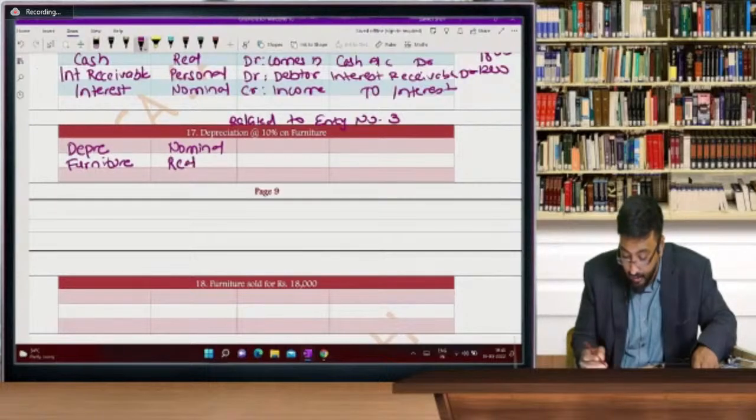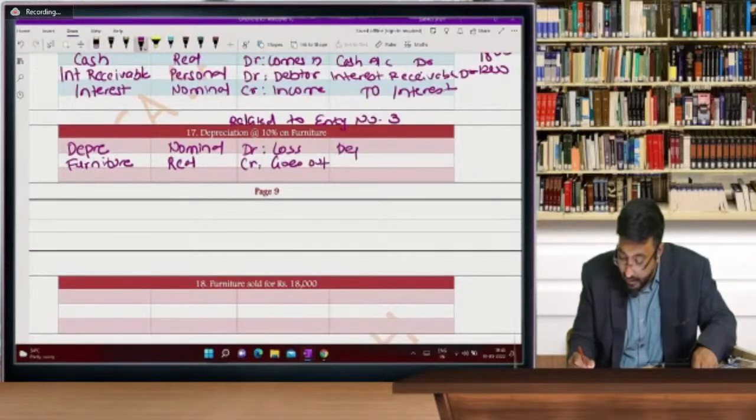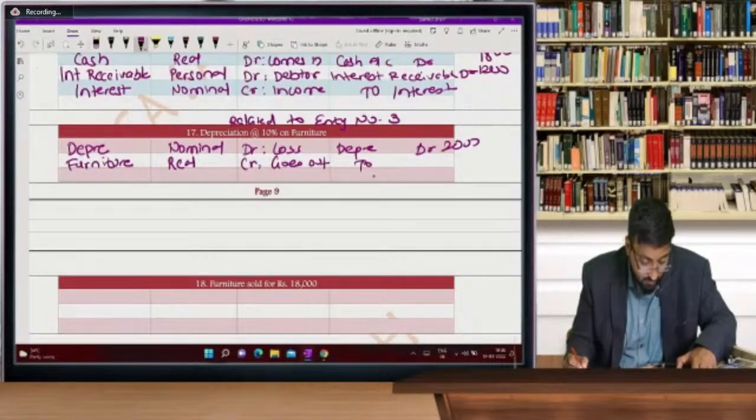Furniture is a real account. So nominal depreciation, debit all losses. Credit what goes out, furniture goes out. Entry: depreciation account debit 2,000, to furniture.